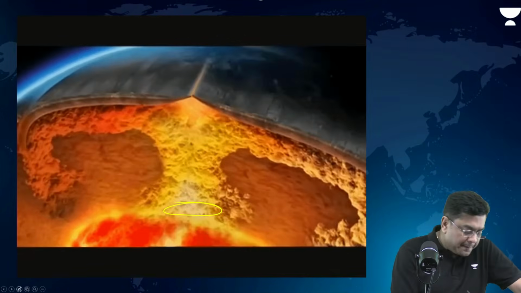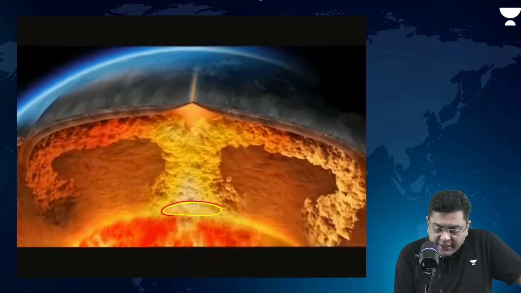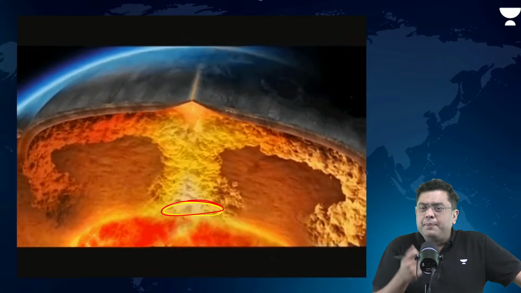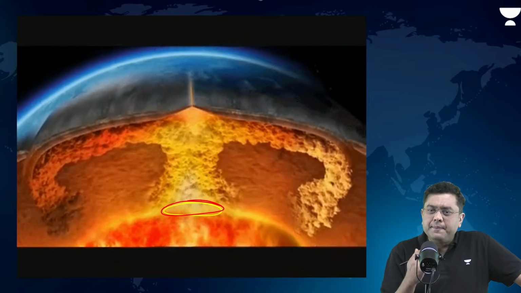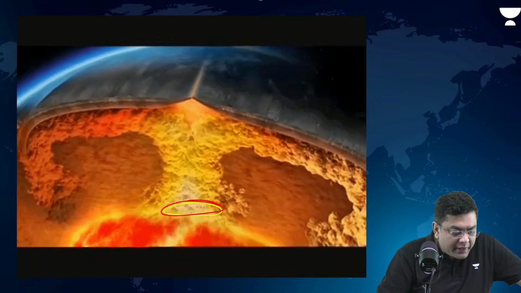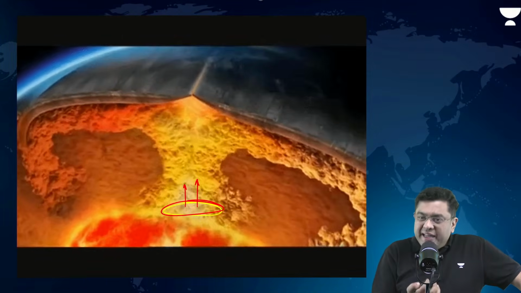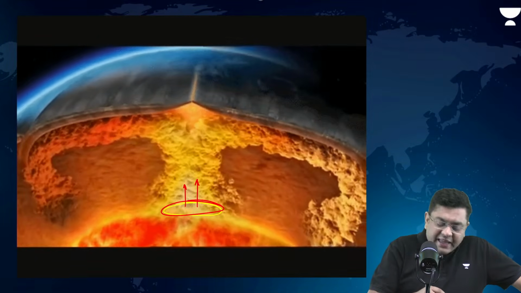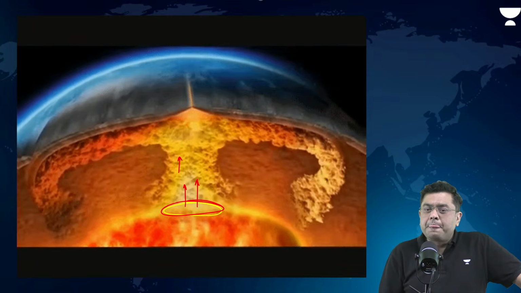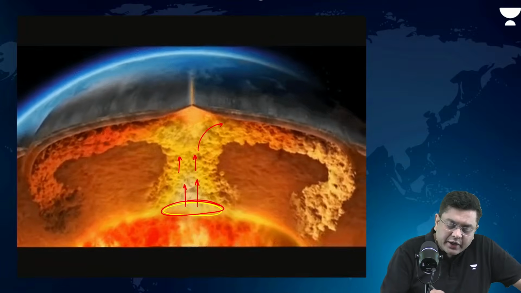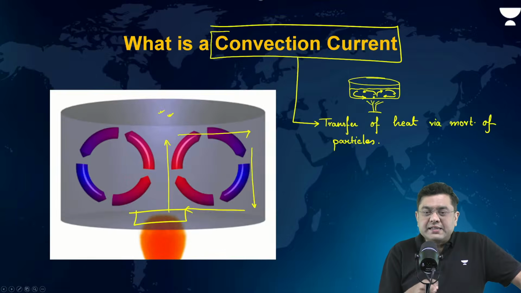But let's suppose all the heat which is being provided here partially melts that portion of the mantle. So that liquid portion will be lighter, and that liquid portion will heat up the portion above it. And like that, you will have the heat getting circulated, just like a convection current in your pan.